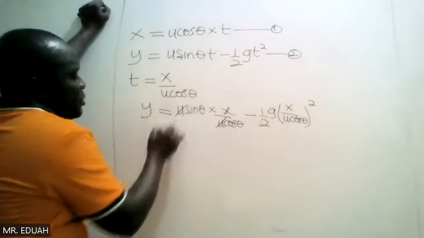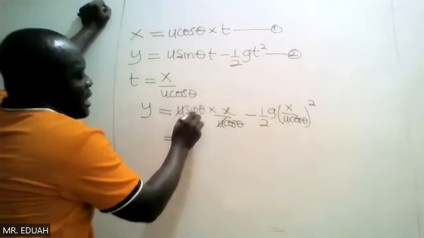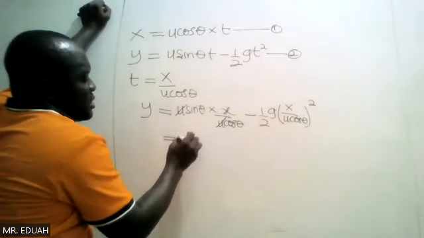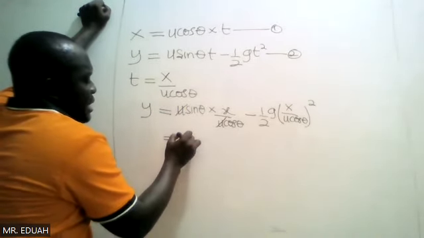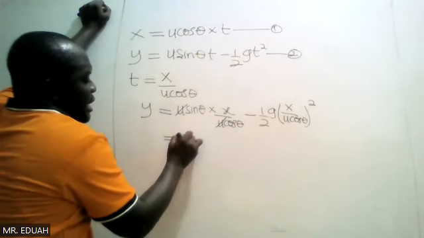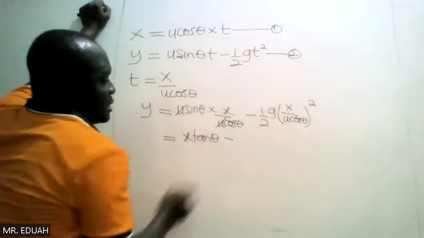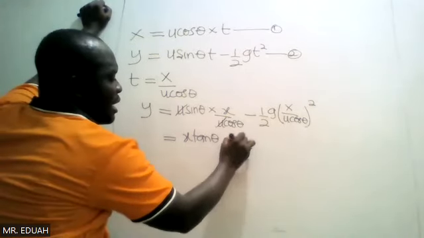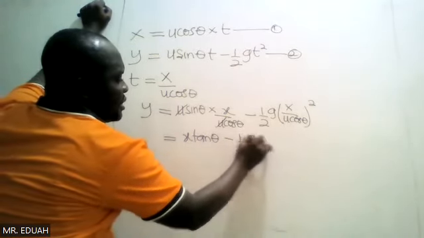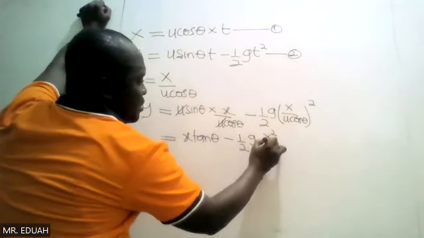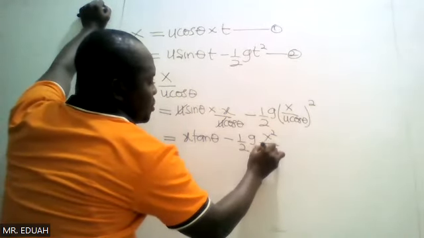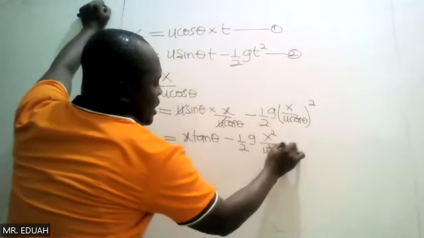U will cancel u. Sine theta over cos theta is tan theta. So you have x tan theta minus half g x squared over u squared cos squared theta.